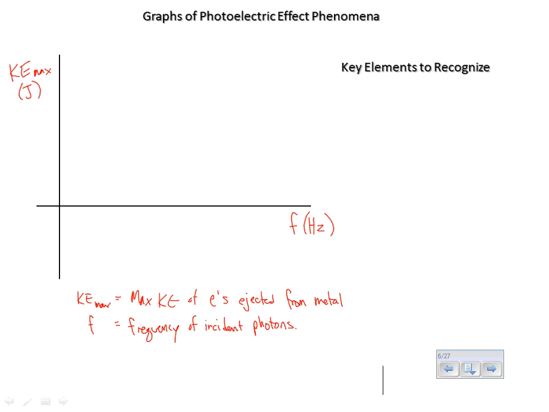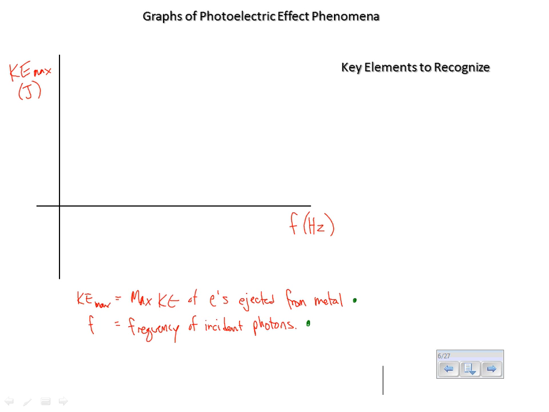What you might remember is that a photon's frequency dictates its energy, or is proportional to its energy, via the formula E equals hf. So photons have a certain energy based on their frequency, and that photon energy can control how much energy the electrons ejected from the metal have.